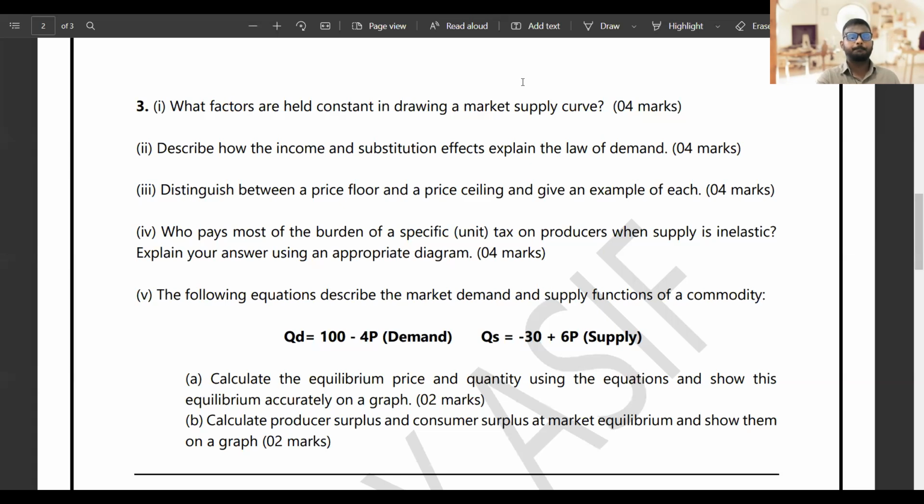So you see here, describe how the income effect and substitution effects explain the law of demand. To answer this question, you need to first know what is this law of demand. So what is this law of demand? Tell me that first. Simply tell me what is this law of demand?